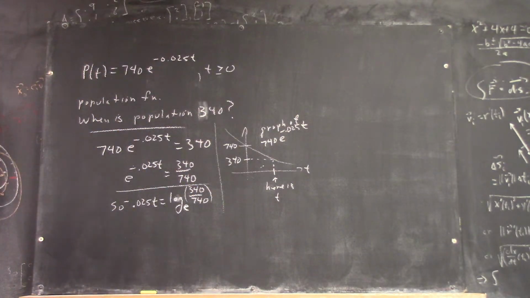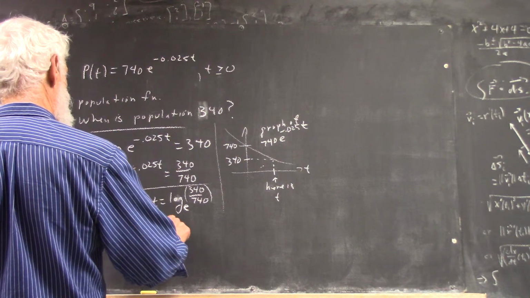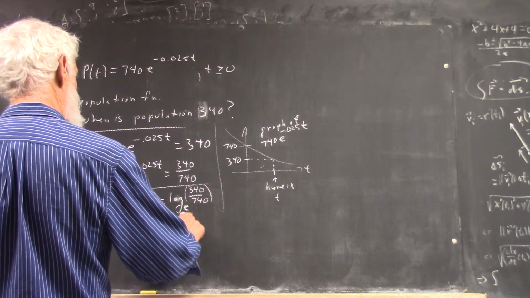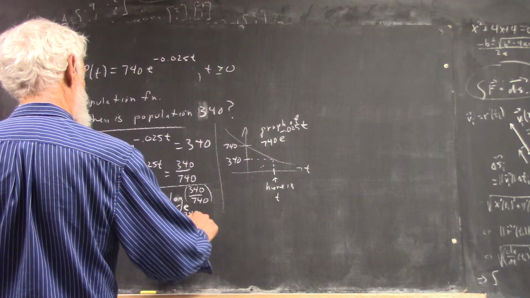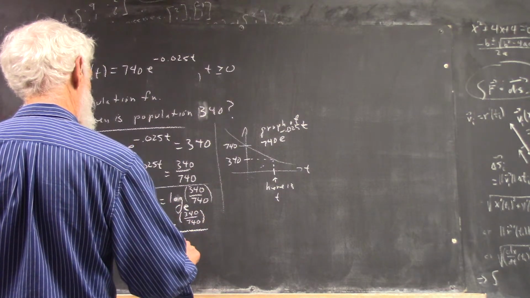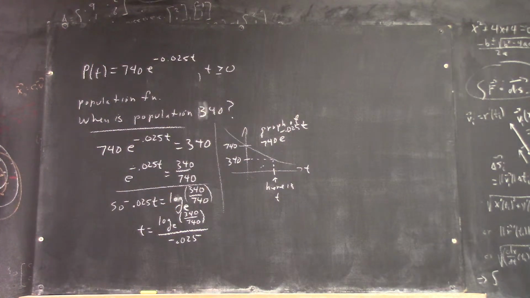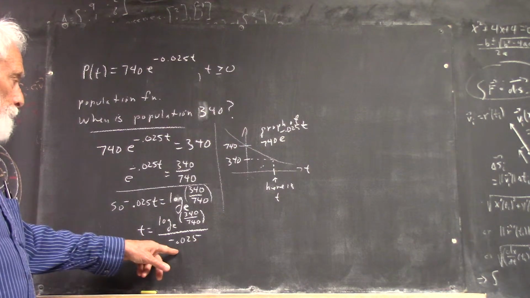You're going to change it to log form. Divide both sides by negative 0.025.